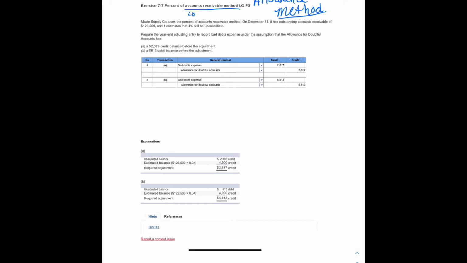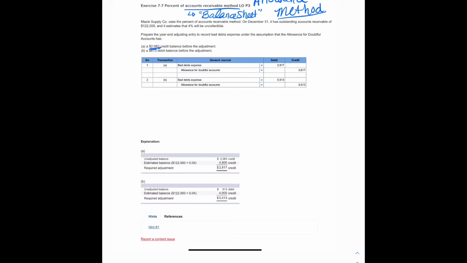Now, this method is often referred to as a balance sheet method because accounts receivable is an asset and assets are shown on the balance sheet. So in this case, there is going to be a key difference from what we did in the last question. And in this question, the beginning balance in this account absolutely does matter.